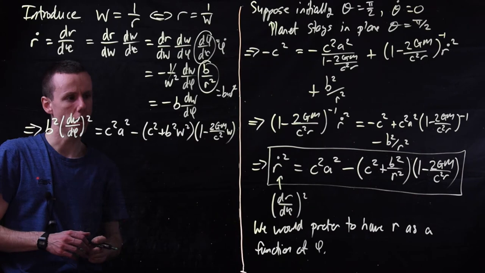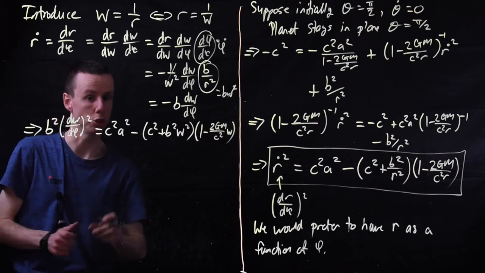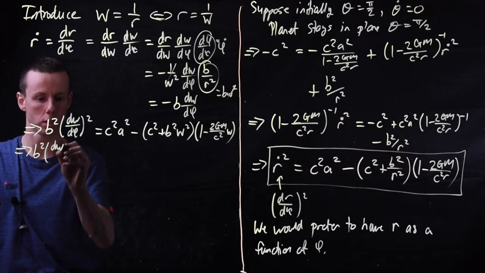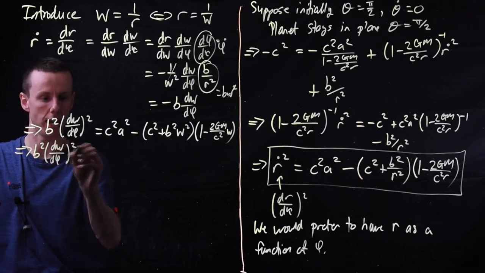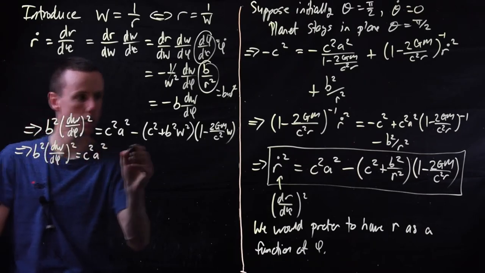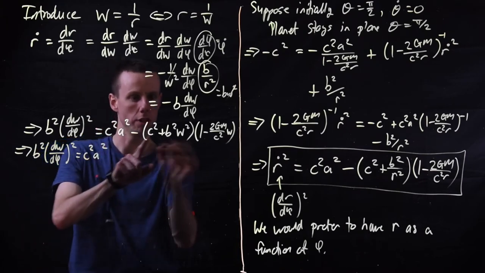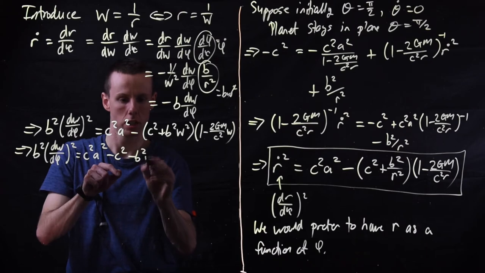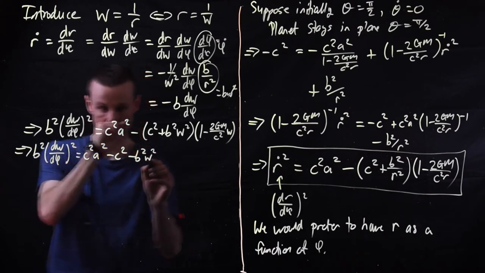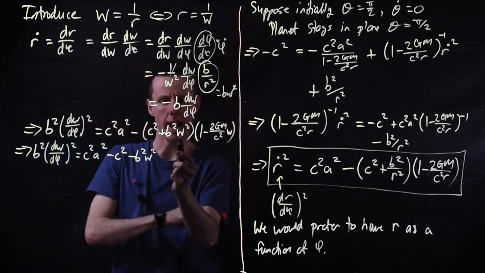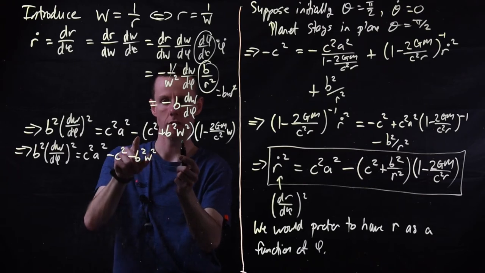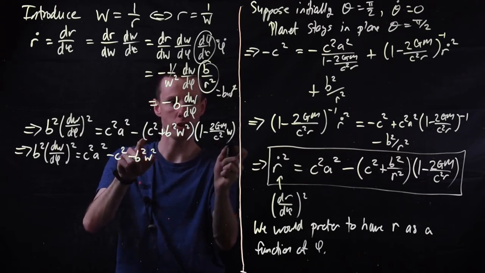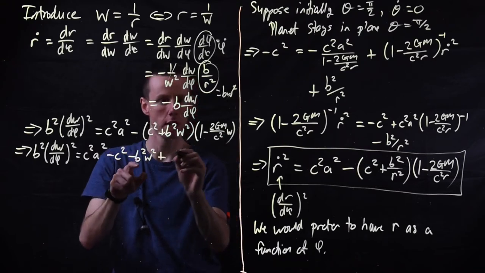In the next step, we multiply everything out. So b squared dw d phi squared is c squared a squared, then minus c squared, then minus b squared w squared, and then minus c squared times minus 2GM over c squared w. So that's just plus 2GMw.